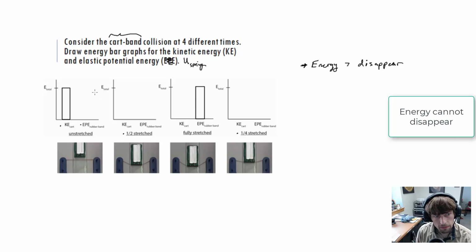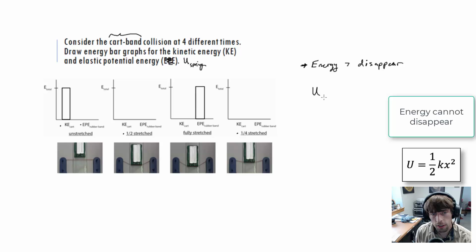Here's the next thing, and we can go even deeper here. We know that the potential energy, the spring potential energy, delta U spring, is given by 1/2 kx squared. So I'm looking here. If it's halfway stretched, that means it only has 1/4 of the potential energy.